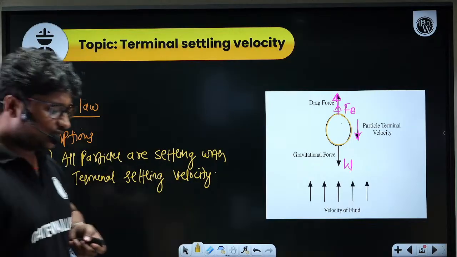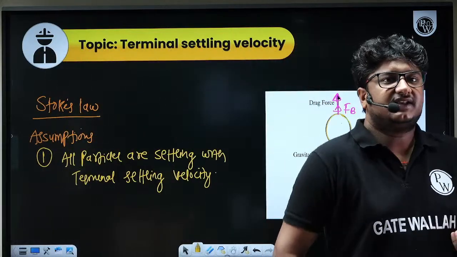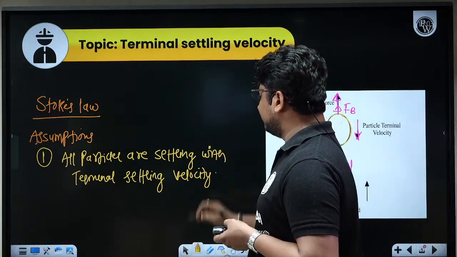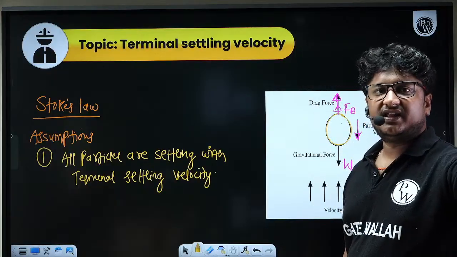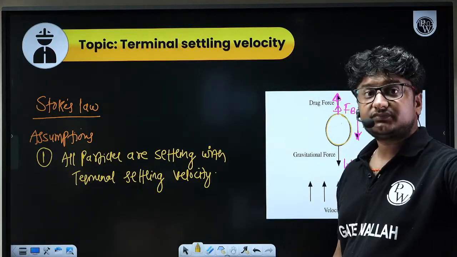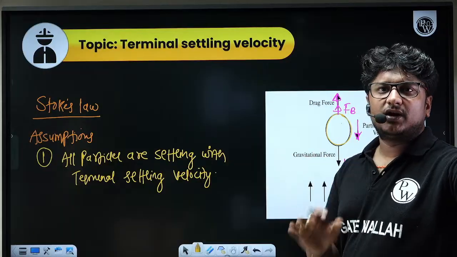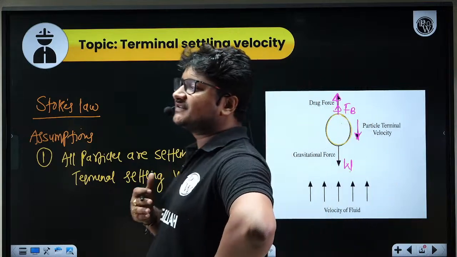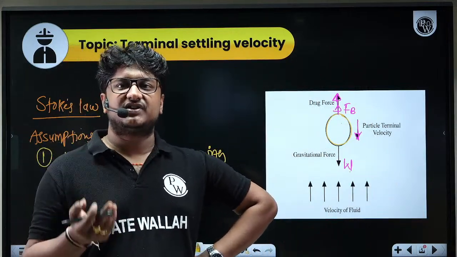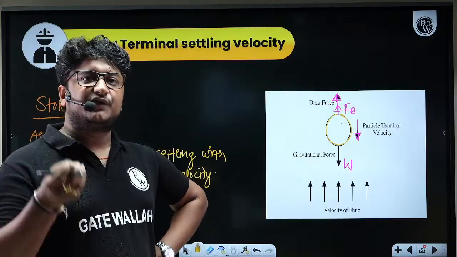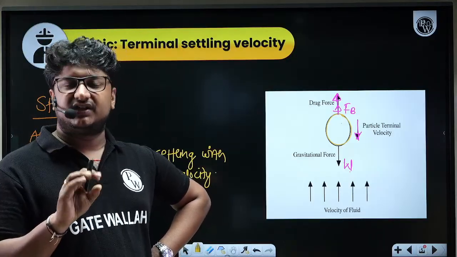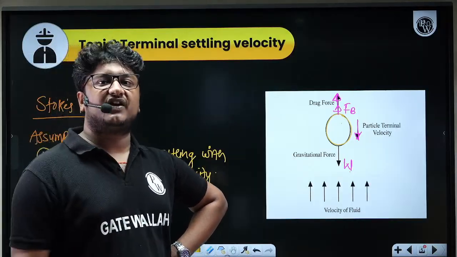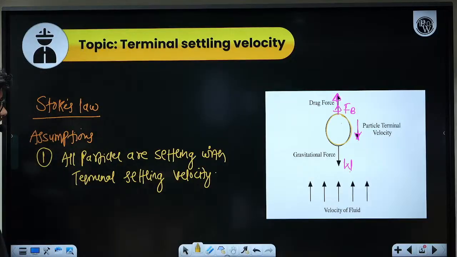Now tell me, is it really possible? No, because the depth of the water tank is not that large, so that you will be able to achieve the terminal settling velocity. So actually this will not happen. But this is the assumption we have taken while giving the Stokes law.